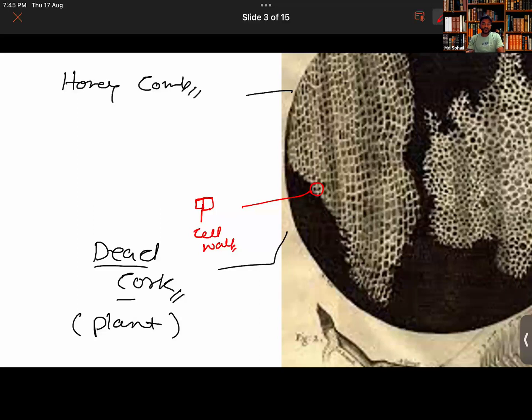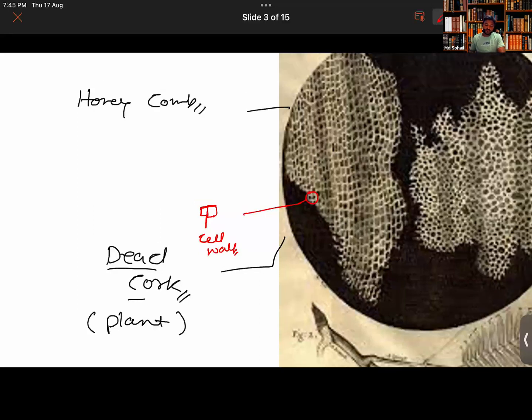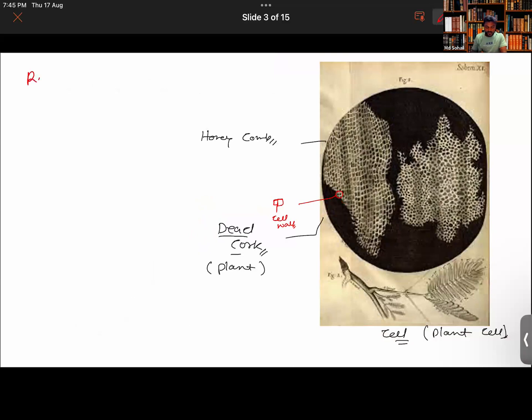So the term cell was given by him. So Robert Hooke called these boxes cells.